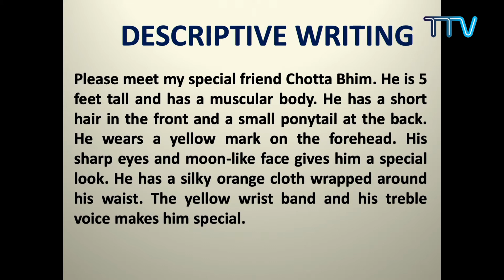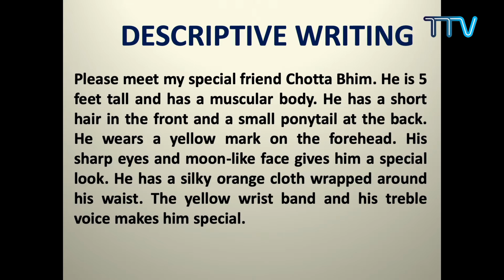He has short hair in the front and a small ponytail at the back. He wears a yellow mark on the forehead. His sharp eyes and moon-like face give him a special look. He has a silky orange cloth wrapped around his waist. The yellow wristband and his traveling bag make him special.